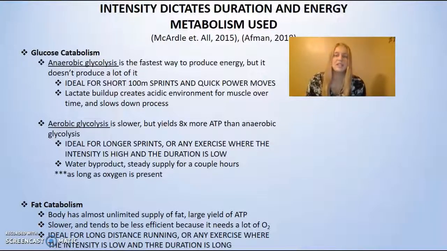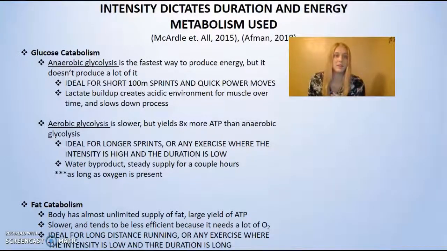Aerobic glycolysis is a little bit slower, but it yields 8 times more than the anaerobic glycolysis that we just talked about. This is ideal for longer sprints, maybe a 400-meter race or any sort of exercise where the intensity is still high and the duration is pretty low. We have to remember too that the byproduct of this type of glycolysis is water, which allows us to make ATP steadily for a couple hours because there is no lactate present and we are not creating an acidic environment for the muscle.